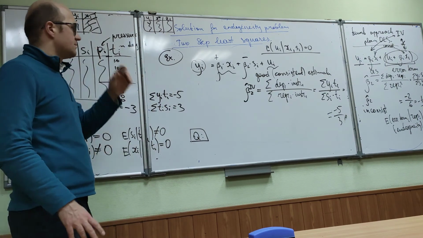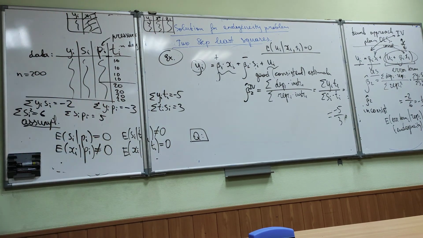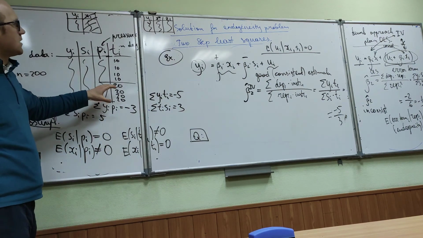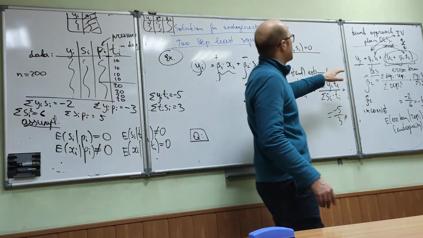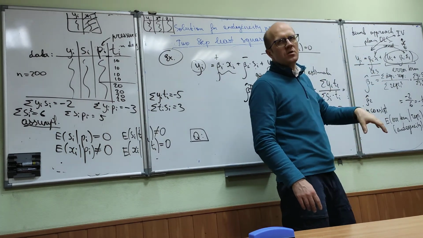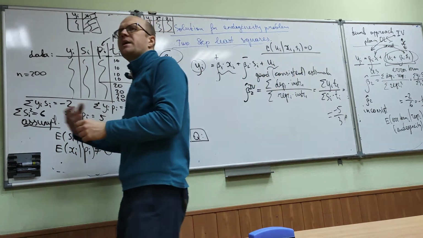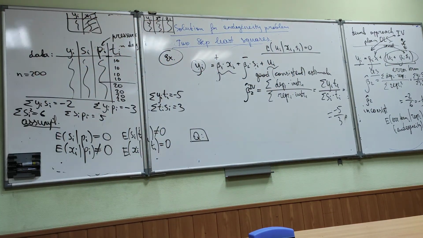And in this case, sometimes magic happens. Sometimes you can find a variable that is correlated with the regressor and not correlated with the error term. A regressor is a variable present in the model.